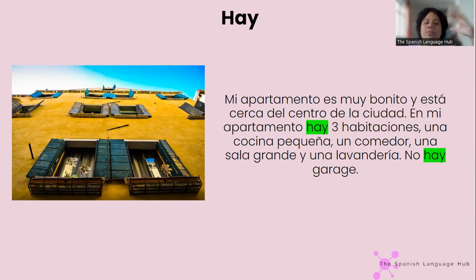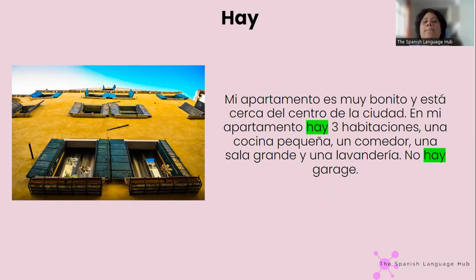So again, here I'm talking about my apartment and I'm giving a list of the things that I have in the apartment. Okay, so my apartment is very pretty. It's close to the center of the city. In my apartment, there are 3 bedrooms, 1 small kitchen, 1 dining room, 1 big living room, 1 laundry room, and there is no garage.